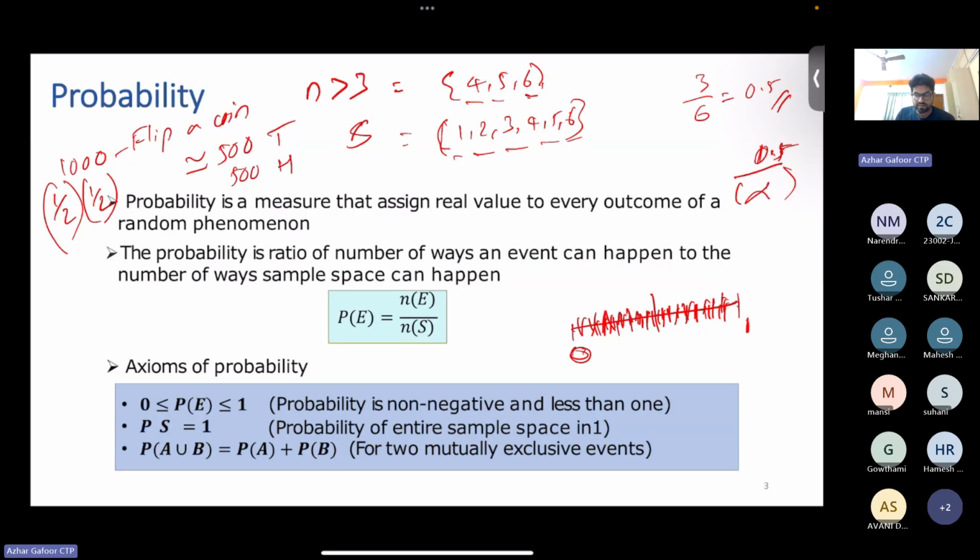Let's say it is infinity, and in the numerator we have only one element. So the probability will be approximately equal to 0, since anything divided by infinity will go to 0. But that is not the case, right? Because we know that 0.5 is somewhere between 0 and 1, so there should be some value.